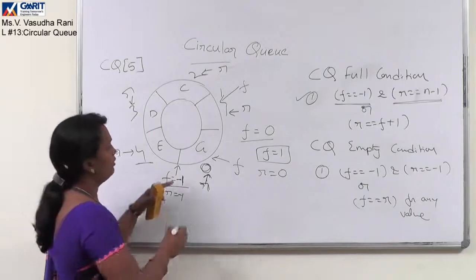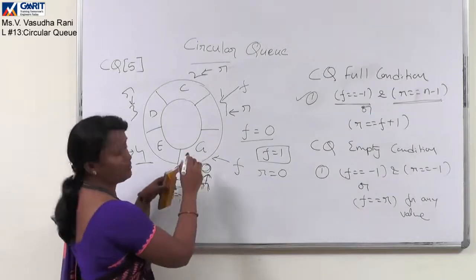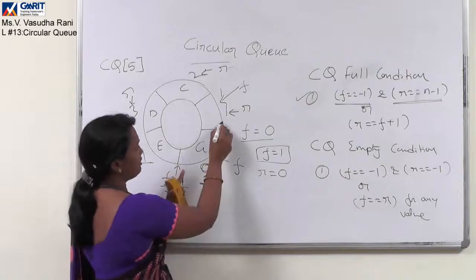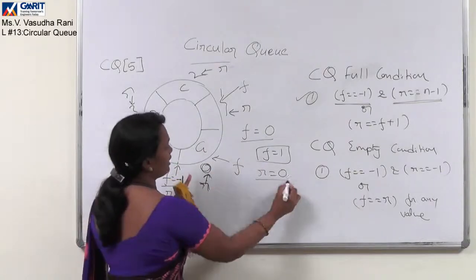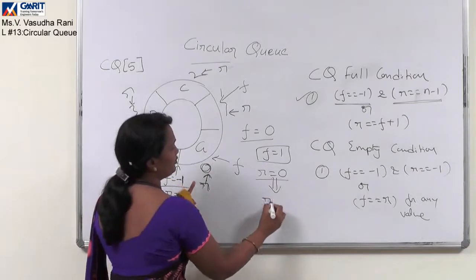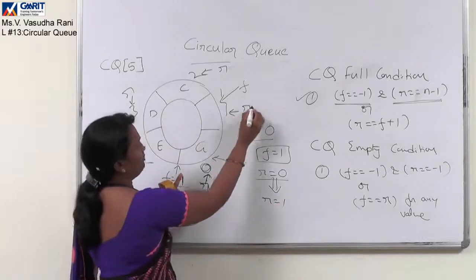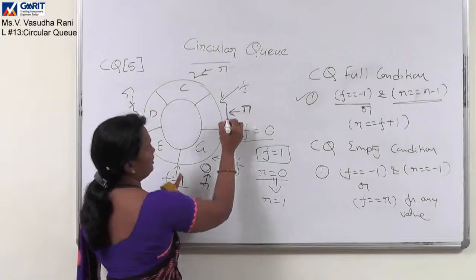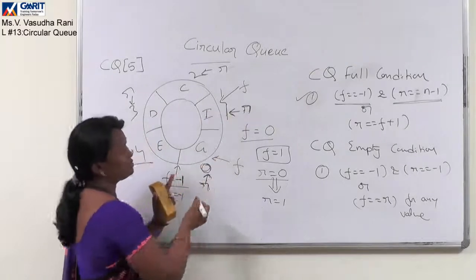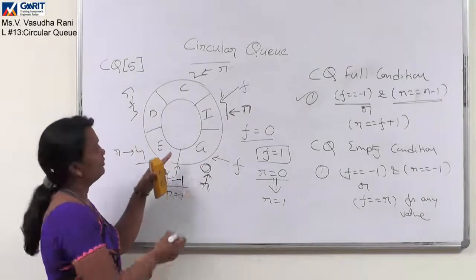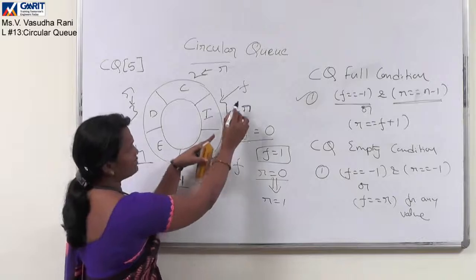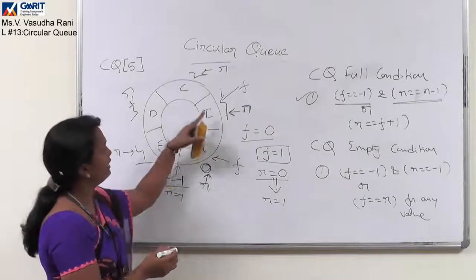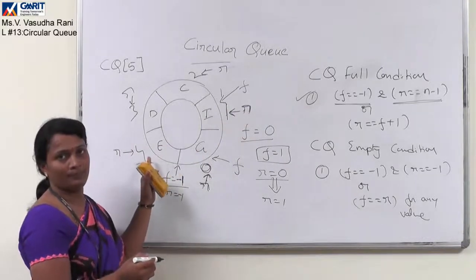Now you try to insert one more element. Your rear will be modified to 1, and into rear 1 you have inserted I also. So here your rear is 1 and front is 1, and your circular queue is full.